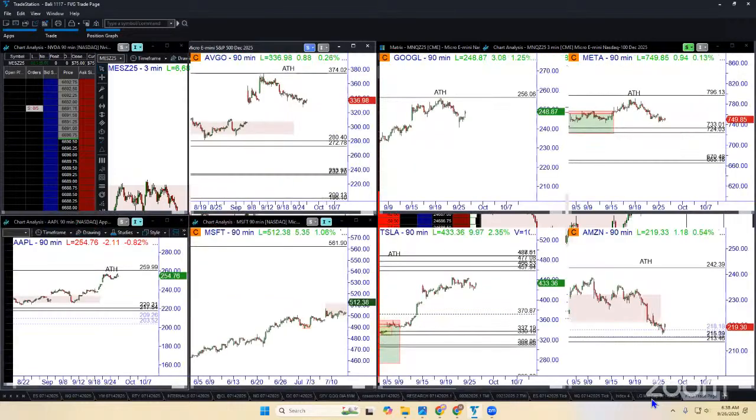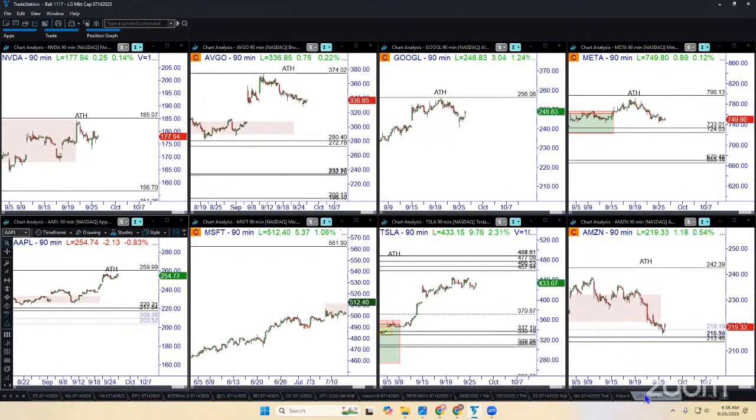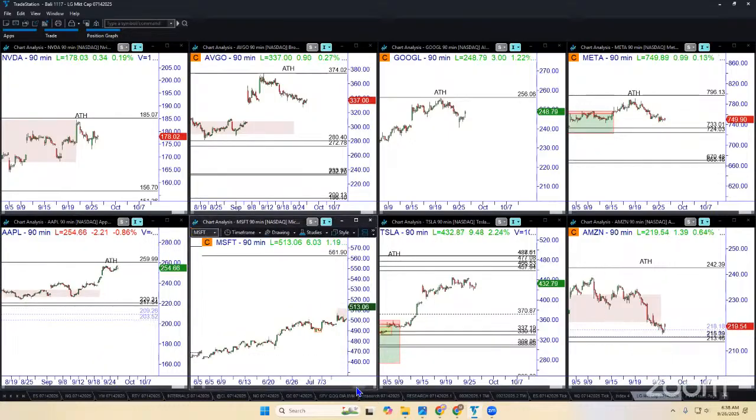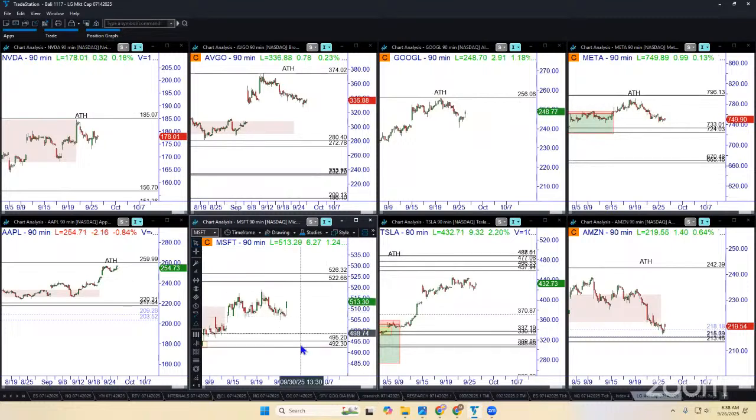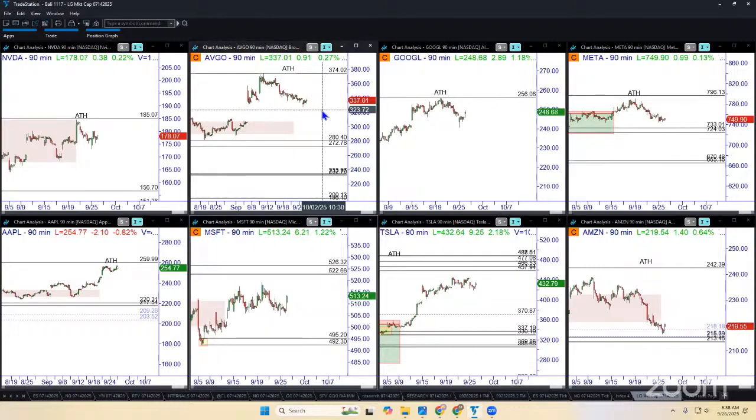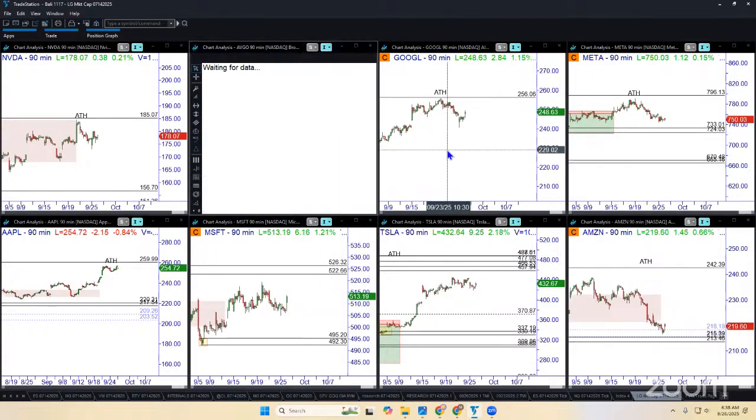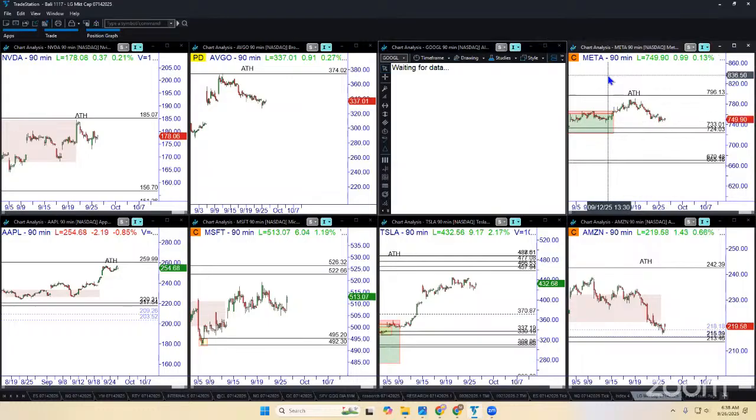Large market cap stocks, let's see what they're doing. A nice little bounce up on Amazon, 90-minute chart right into the zone. The other thing that I'll point out is on these large market cap weighted stocks, their zones are far away for demand. We're in the middle of all of this.